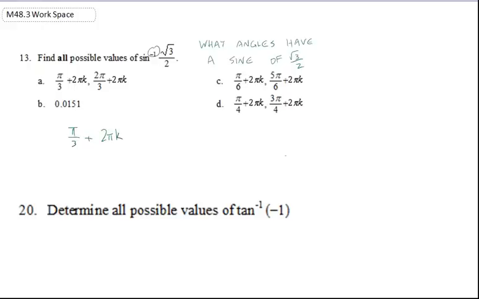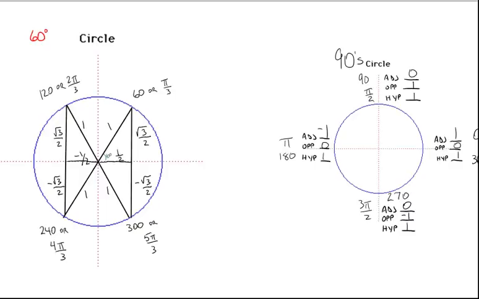Pi over 3 has a sine of radical 3 over 2, but if I were to rotate the angle another full 2 pi, I'd end up right back in the same place, and therefore I would have the same opposite side, the same hypotenuse, and the same sine. That's why we put the plus 2 pi k after the angle.